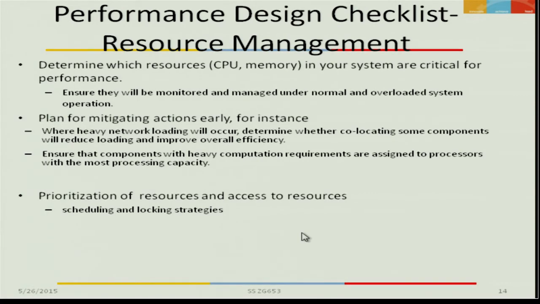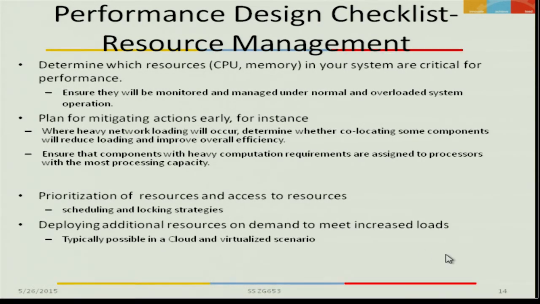Prioritization of resources and access to resources is important, which means that scheduling and locking strategies need to be looked into. Locking obviously reduces performance, and you might want to remove locking in a judicious manner, so that the integrity of the processing is not hampered, but performance is improved.